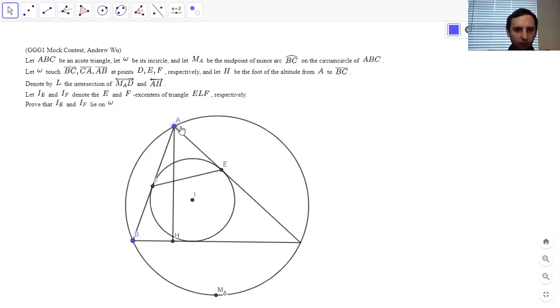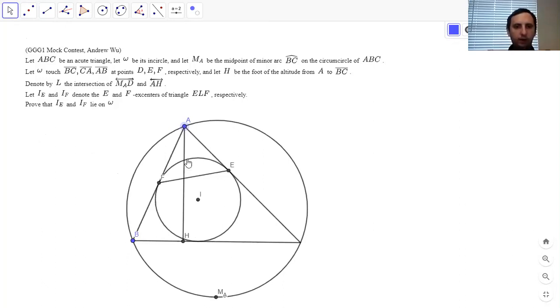So first of all, can we show that J is the incenter? So can we show that AH bisects angle FLE? There's a lot of interesting stuff going on here. So the incircle and the circumcircle are homothetic.